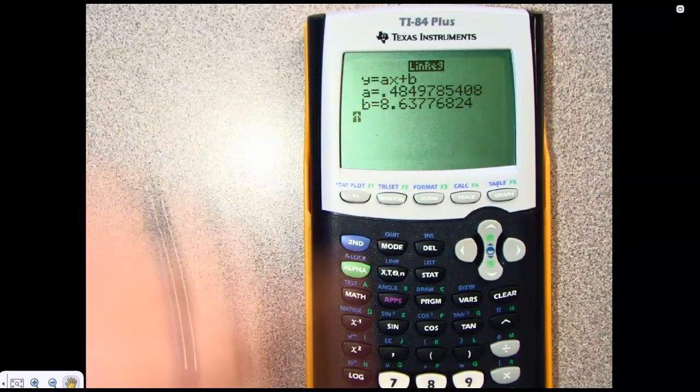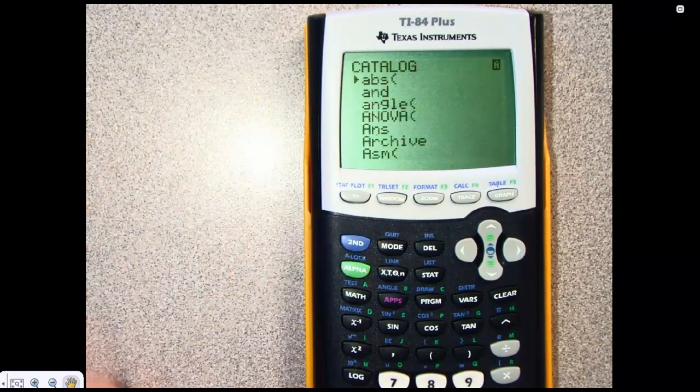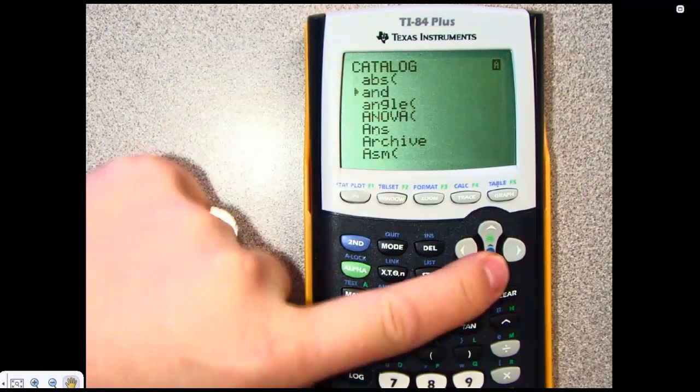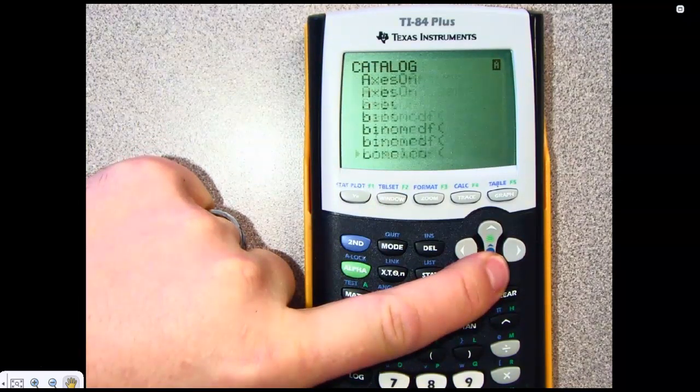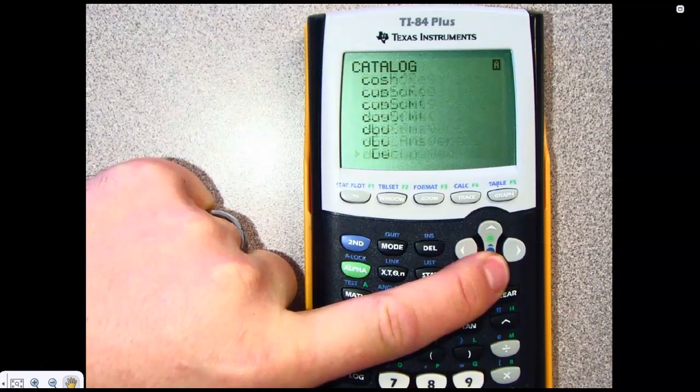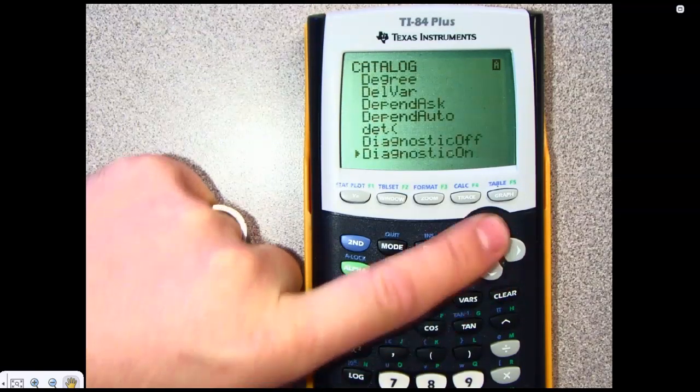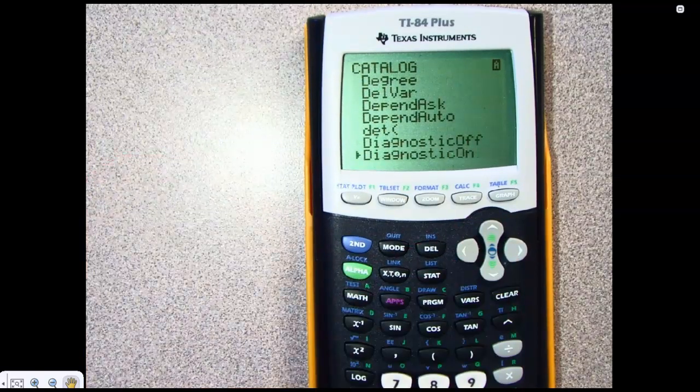If you hit second catalog, so second 0 is catalog, this is a catalog of all the things that are available in this calculator. Scroll down to diagnostics on, or if you want to be a little quicker, you can hit alpha D and it'll jump to the D's. We want diagnostic on.